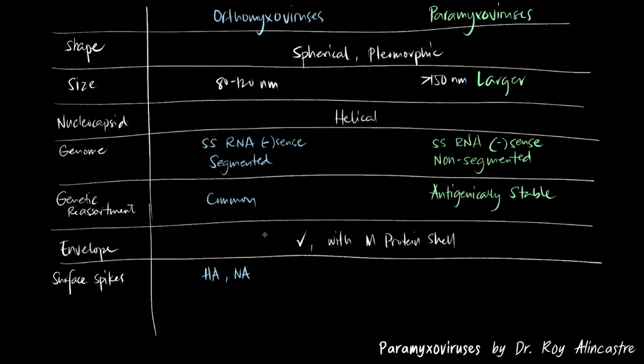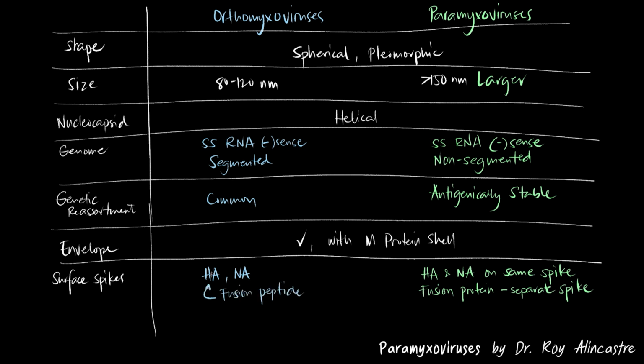For paramyxoviruses, the hemagglutinin and neuraminidase are on the same spike, and the fusion protein is a separate spike, unlike that of the orthomyxoviruses, where it's not even a complete protein. It's just a fusion peptide, which is part of the hemagglutinin spike.